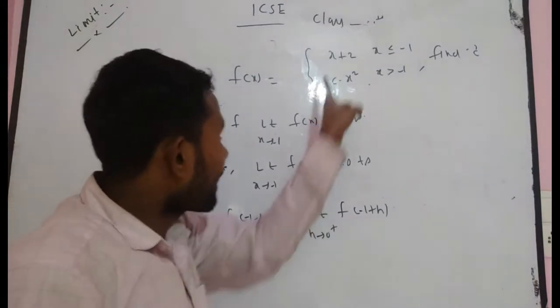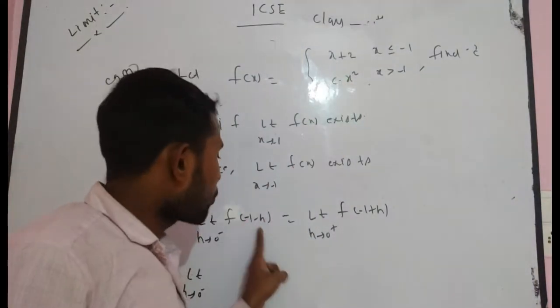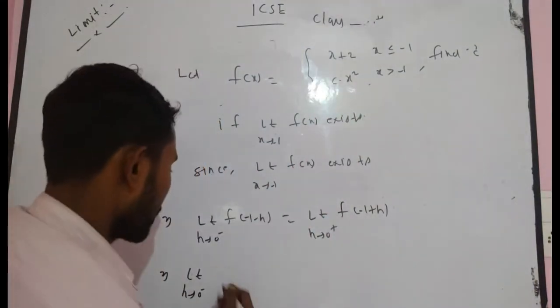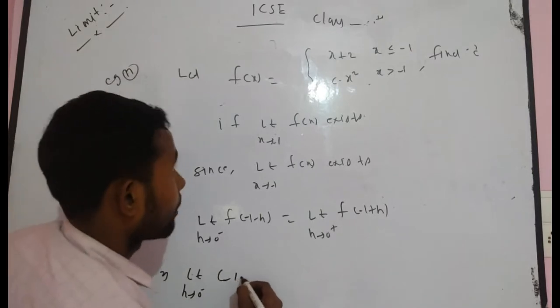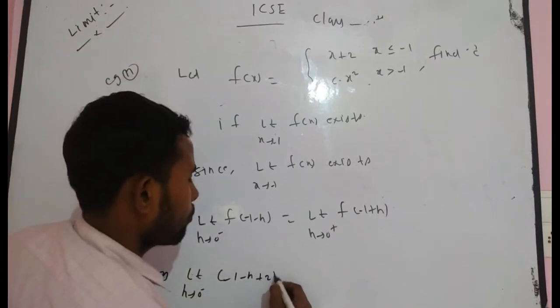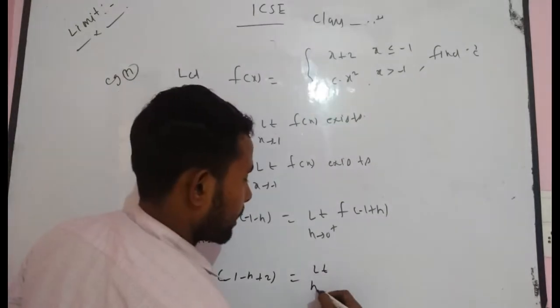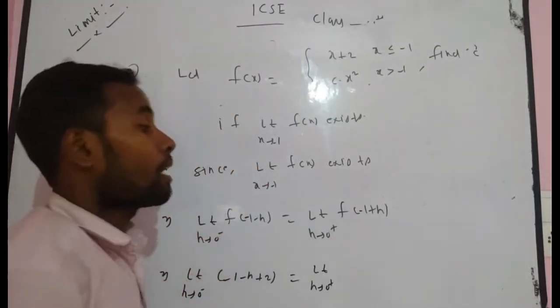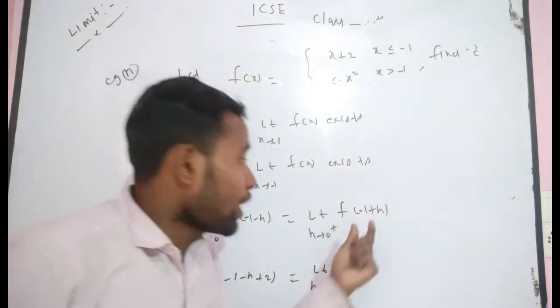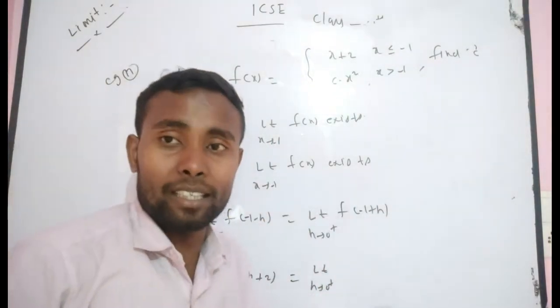Now you have to replace x by minus 1 minus h in this function. So it will be minus 1 minus h plus 2, equal to the limit as h tends to 0. Here it will be slightly greater than minus 1. In which function do we choose slightly greater than minus 1?